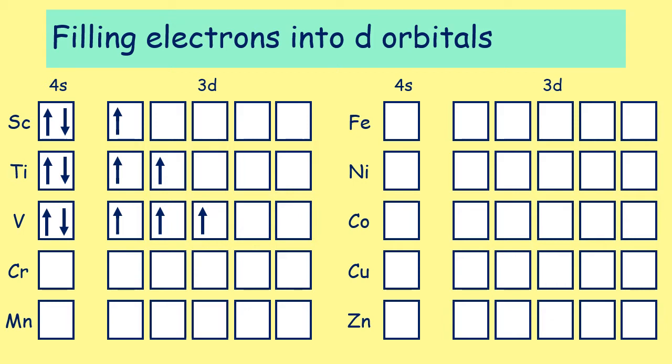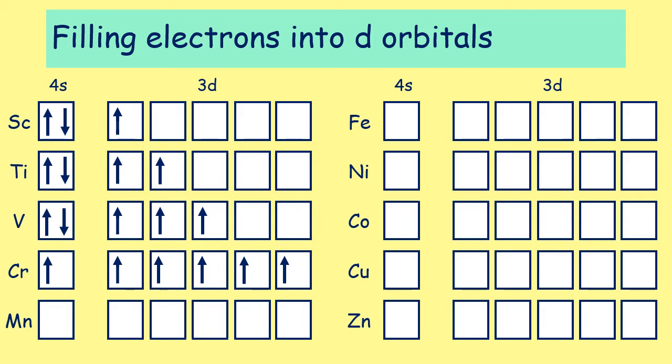Now chromium is where we see an exception to this rule. And in chromium, what we actually get is 1 electron in the 4s orbital and 5 electrons filling each of the 3d orbitals. The reason for this is because the 4s and the 3d orbitals are quite similar in energy.